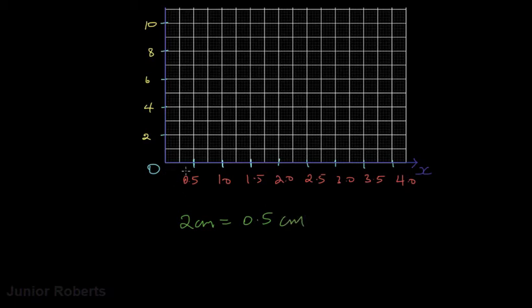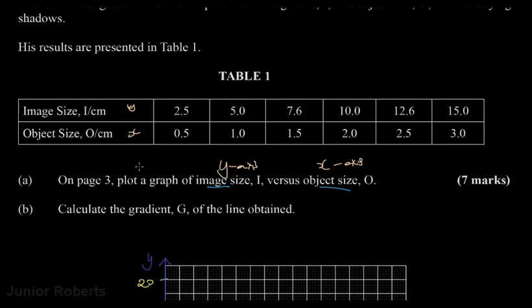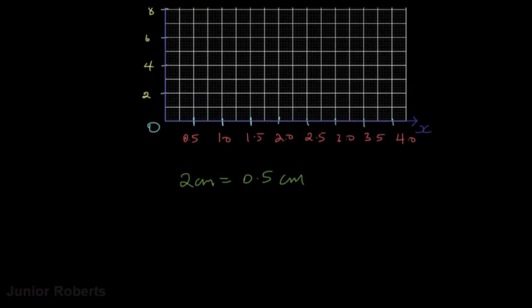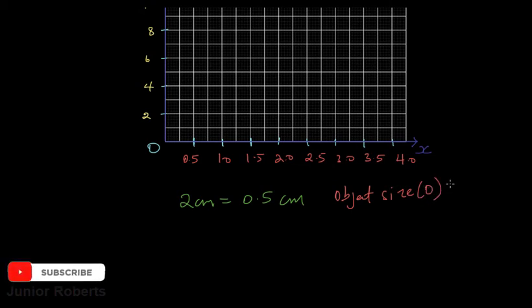So for each 2 centimeters, I'm incrementing by 0.5 centimeter. On the x-axis, we are to plot object size, so we can make a note of that: O in centimeters.